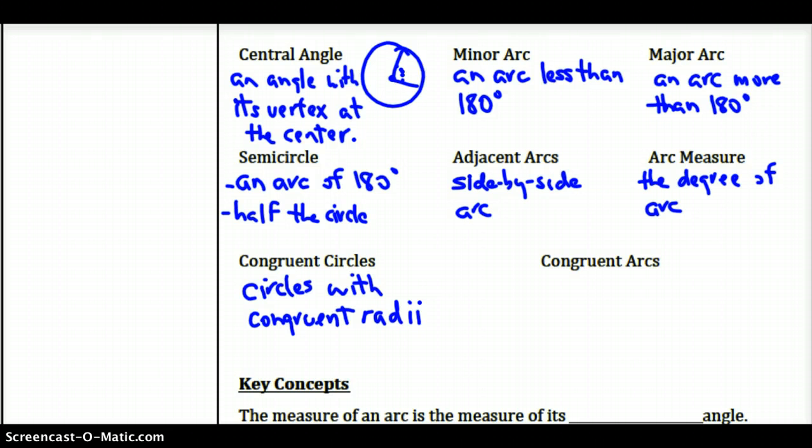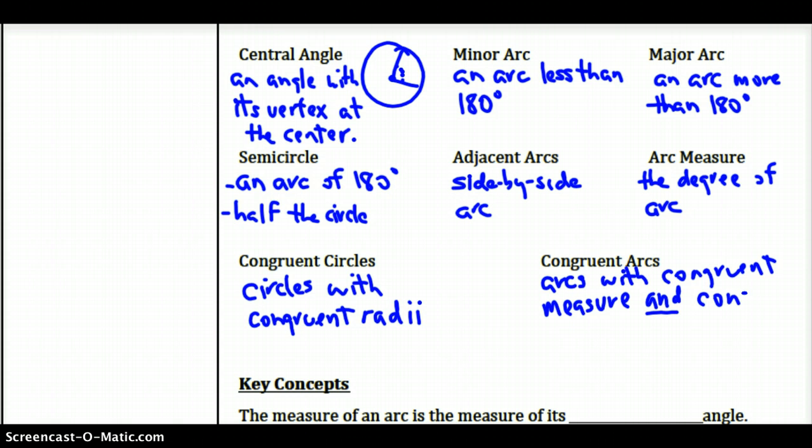Okay? Congruent arcs must have two items true in order for them to be congruent. Arcs with congruent measures and congruent radii.